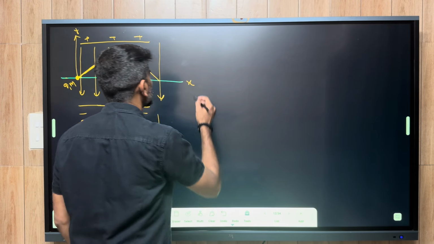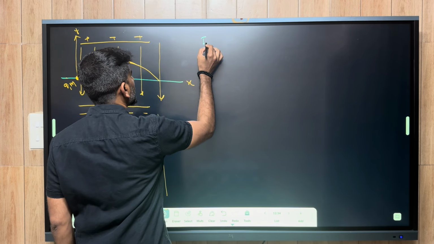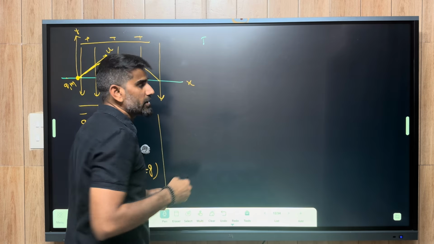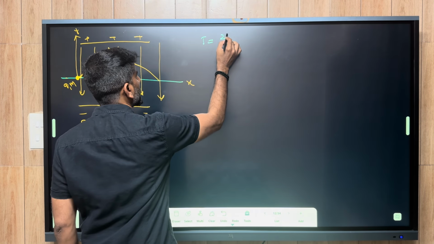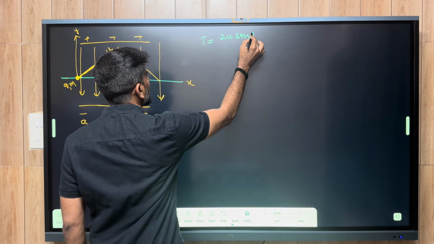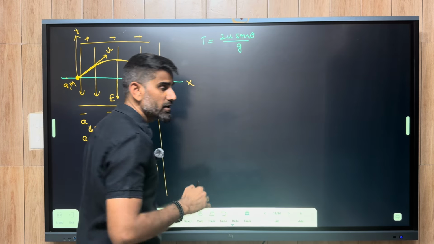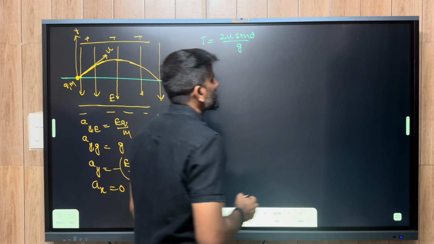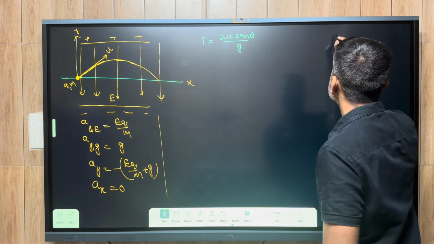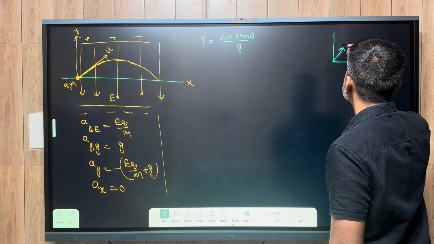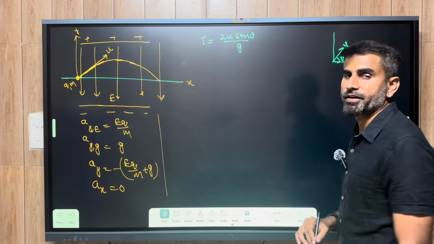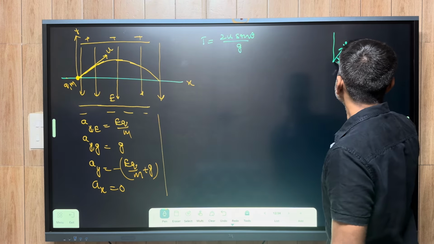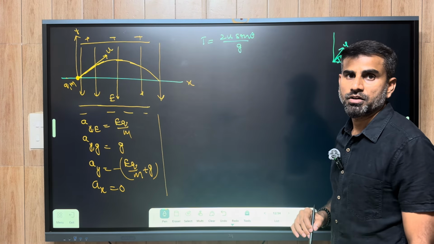Now, as we already know, time of flight is usually given by the formula 2u sine theta by g. These are the formulas for the projection of a particle with an initial velocity u at an angle theta, and the path followed is a parabola.